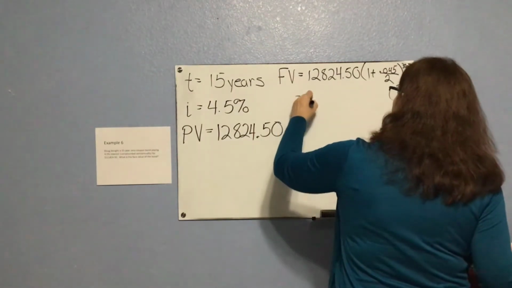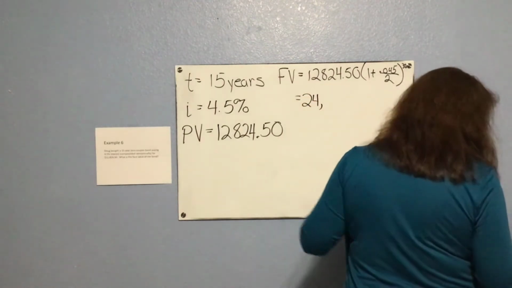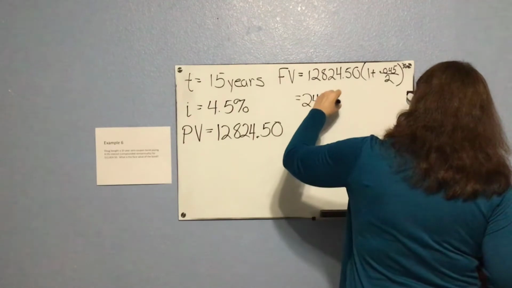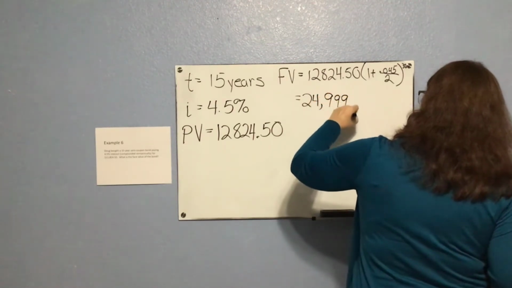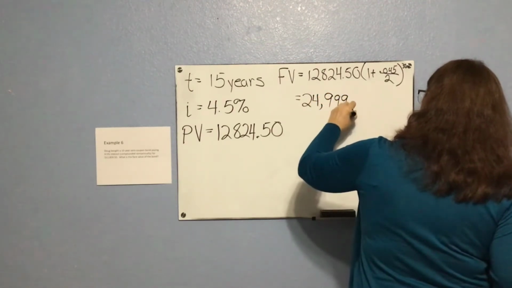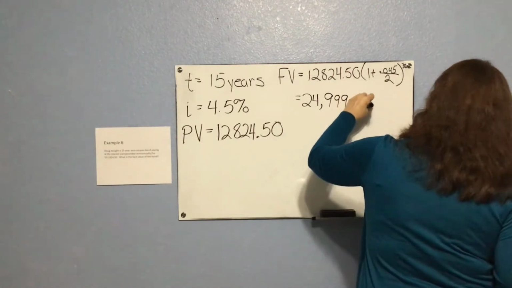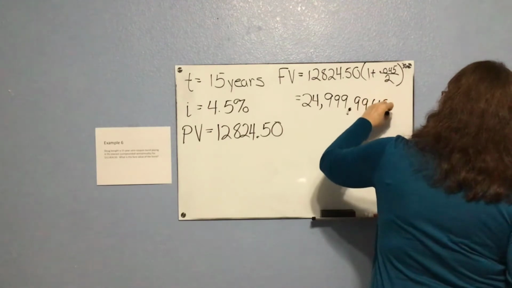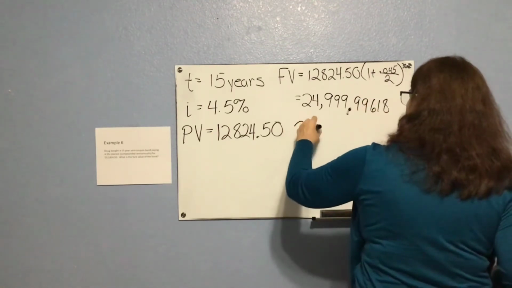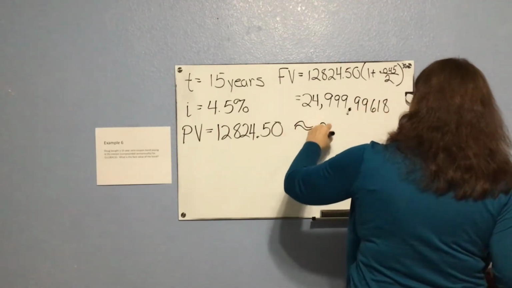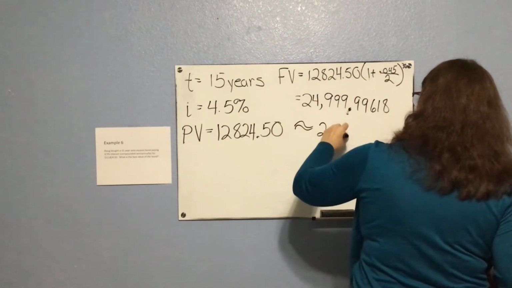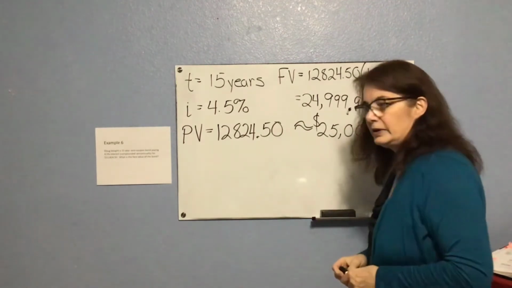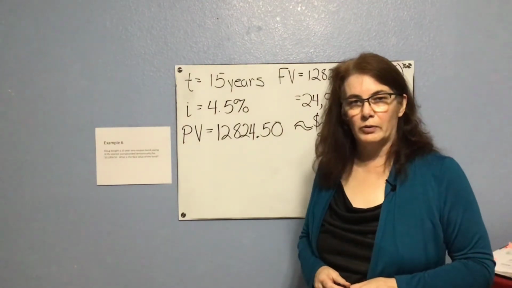And this gives us $24,999.618. So we're going to round that off and say that the face value was $25,000. Pause the video now and work on checkpoint 5.